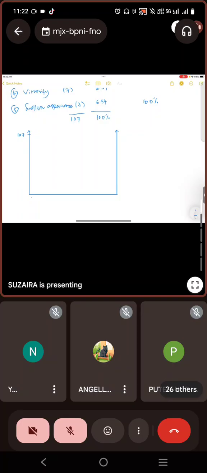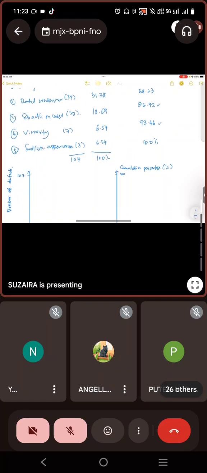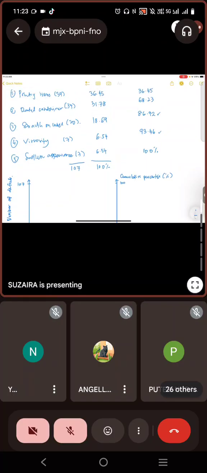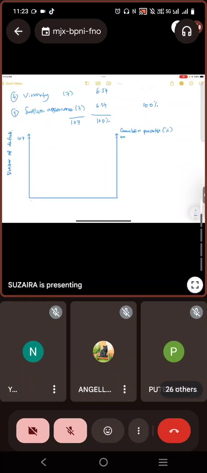Okay, must be more or less equal with 100%. So this one is a cumulative percentage. And then here is the number of defect. Because we already arranged accordingly, number one is a printing issue. Printing issue 39.